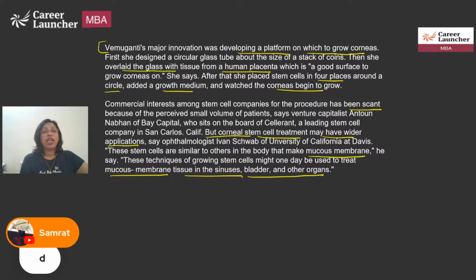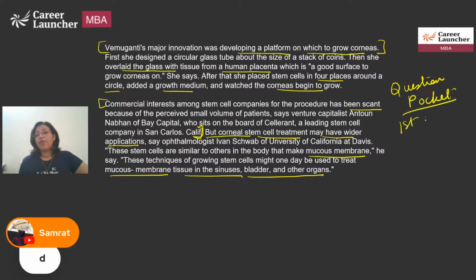So again, here also, question pockets are essentially the initial sentences of paragraphs. A question pocket, guys, is a place from where we make questions. So the first line, the last line, these are important.